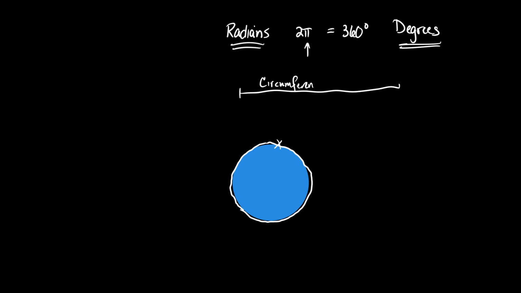Right? You guys follow where I'm going so far? Well, you could then take a ruler and place it across your circle, and that would give you the diameter, right?